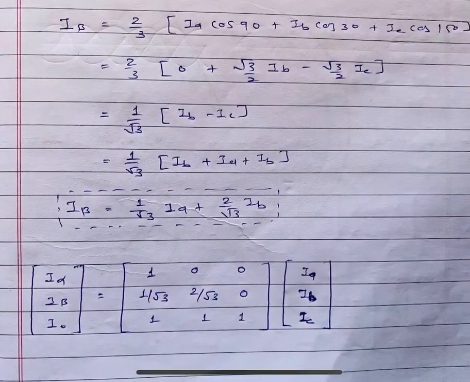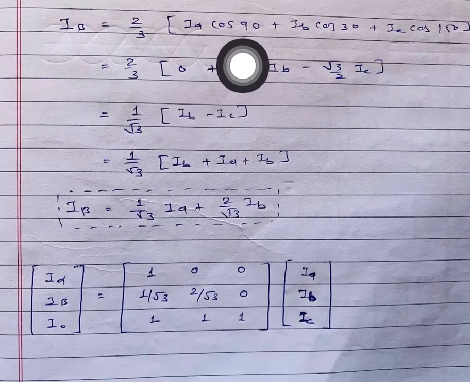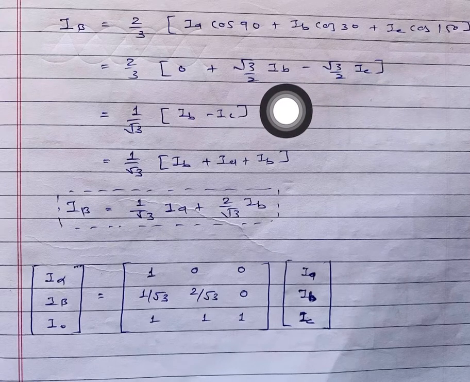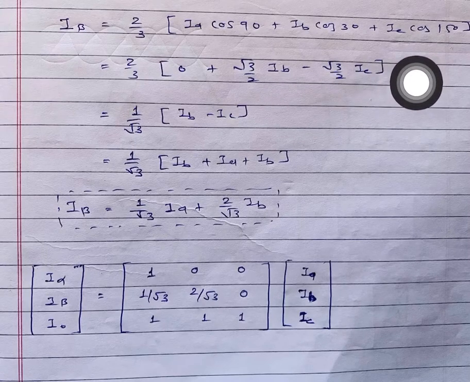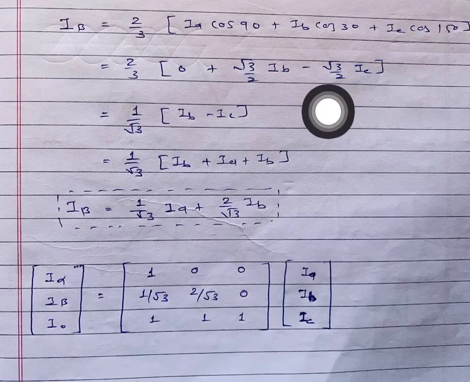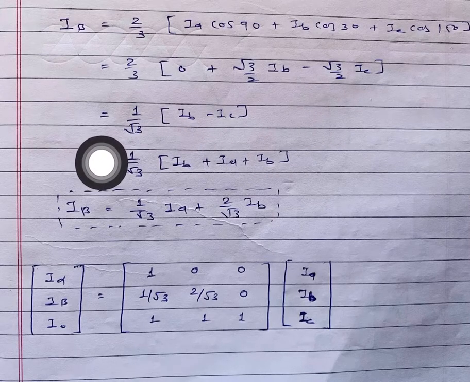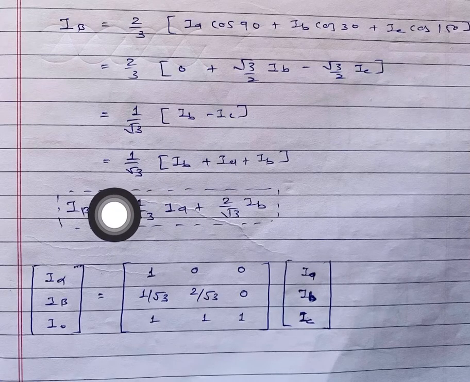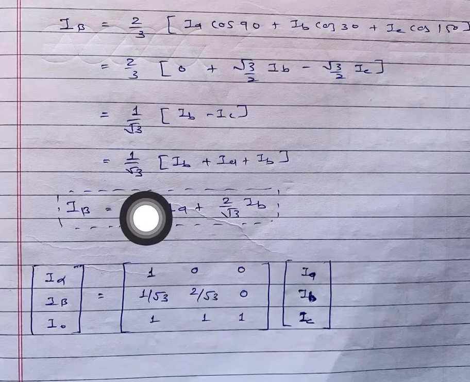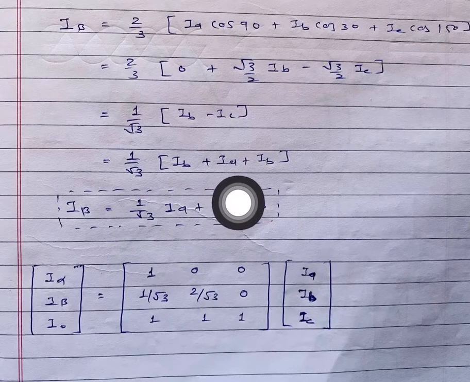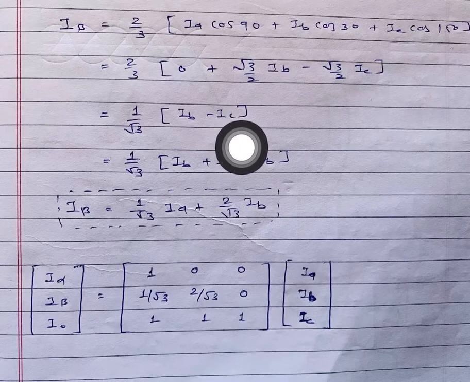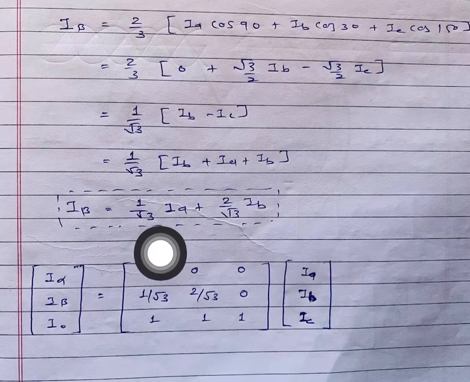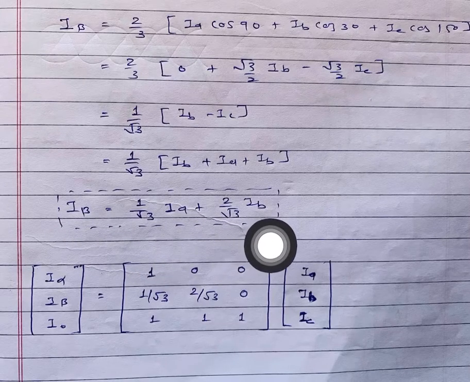So it is given by 2 by 3: cos 90 is equal to 0, cos 30 is root 3 by 2 for IB, and cos 150 is minus root 3 by 2 for IC. So we can say 1 by root 3 common out, IB minus IC. Put the value of minus IC equal to IA plus IB. So I beta is equal to 1 by root 3 IA plus 2 by root 3 IB.